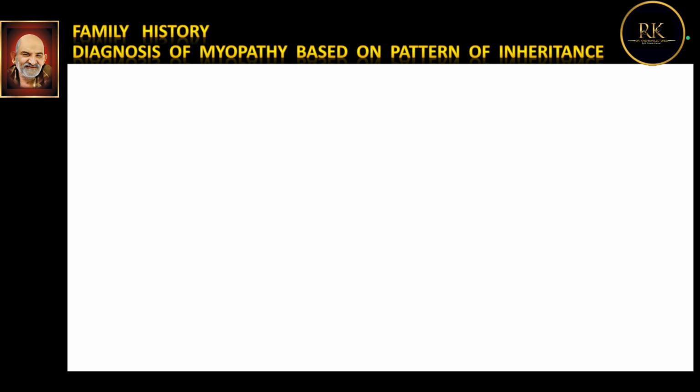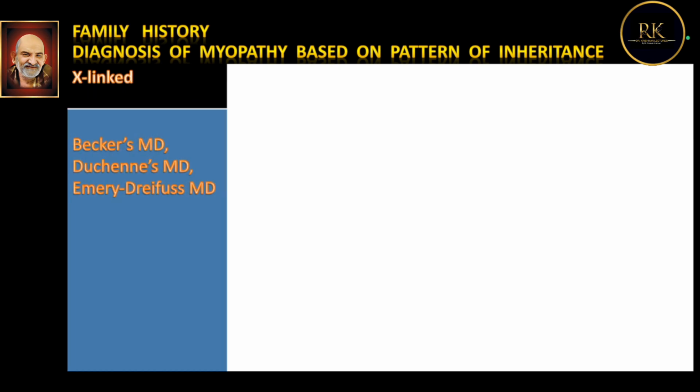Then family history is also important in the diagnosis of myopathies. Diagnosis based on pattern of inheritance: X-linked disorders are most often Becker muscular dystrophy, Duchenne muscular dystrophy, and Emery-Dreifuss muscular dystrophy.